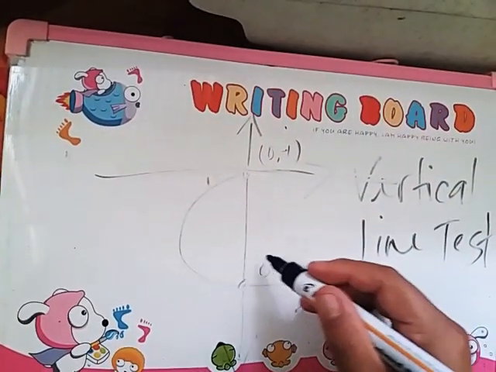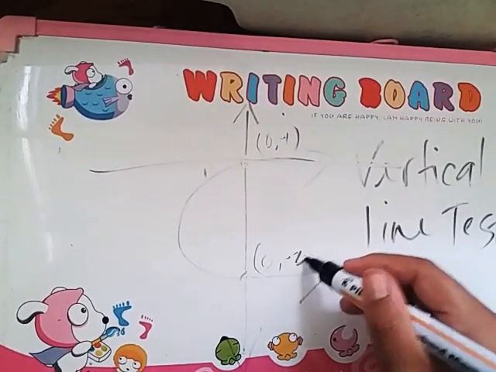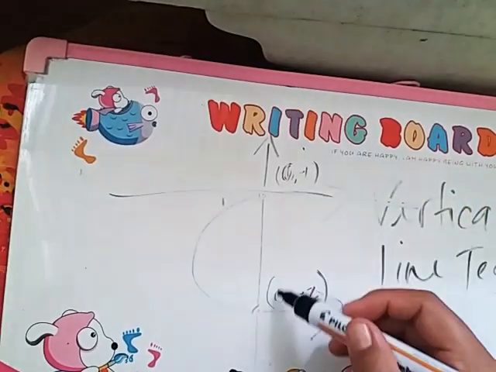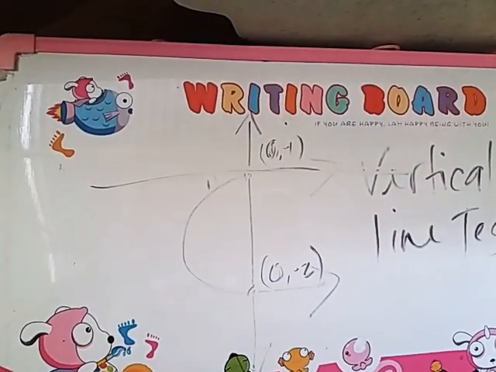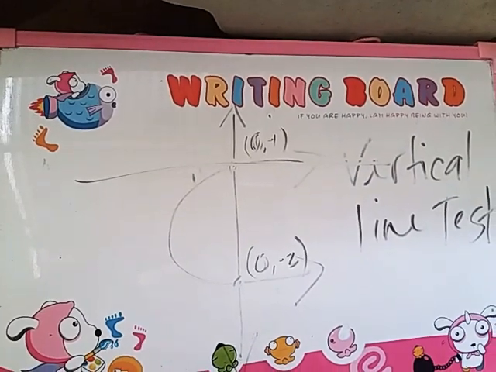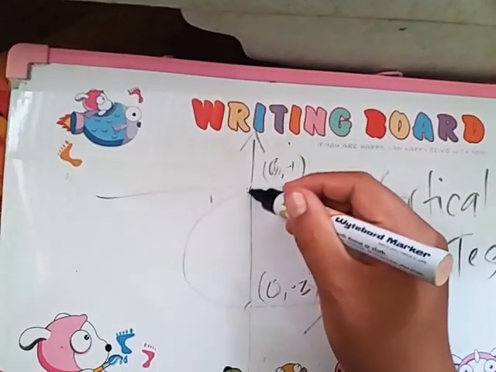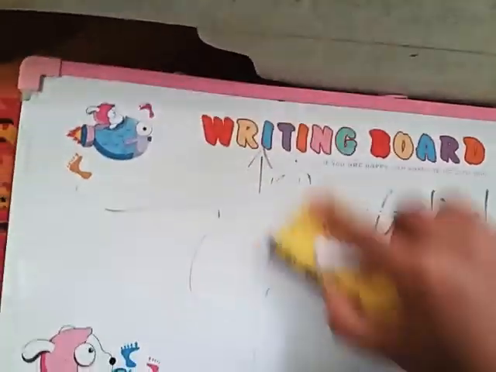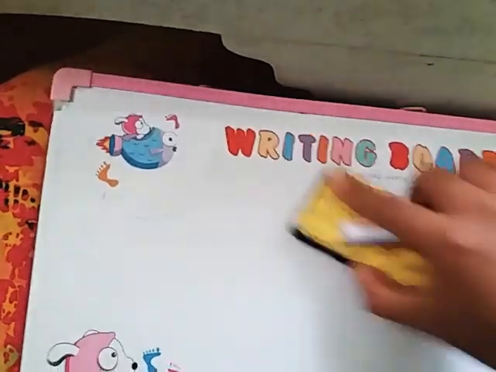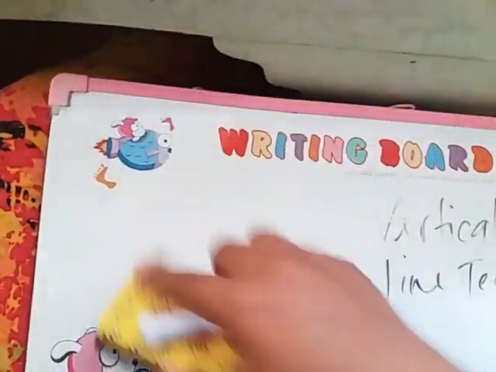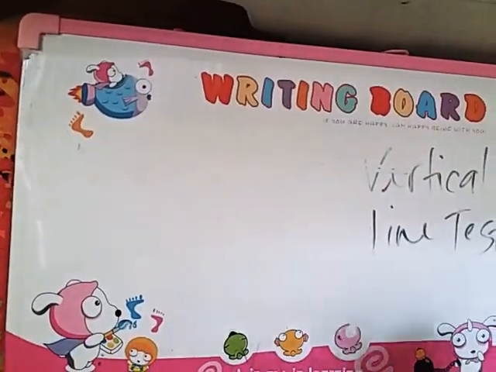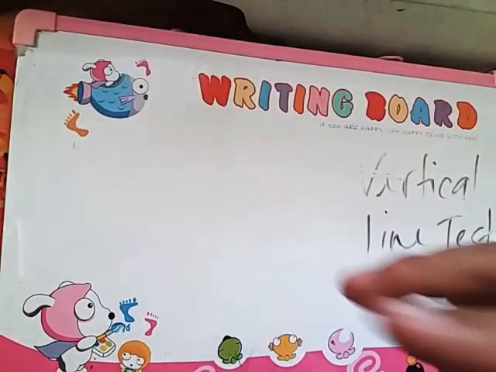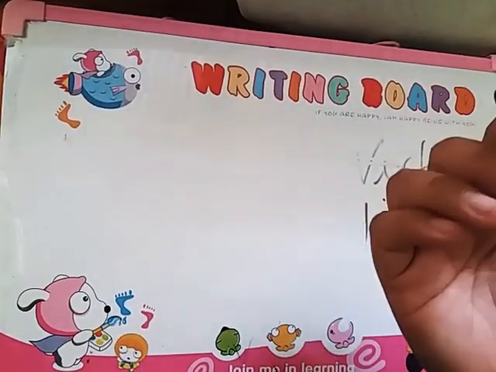Ito, possible, 0, negative 2, for example. So, your x, yung x natin or your domain is repeated or used twice. Kasi, dalawa yung magiging intersection. So, kung graph ang given, if the vertical line intersect the graph at exactly 2 points, ibig sabihin, it's not a function. Pag 1 point lang, function kasi hindi mauulit.